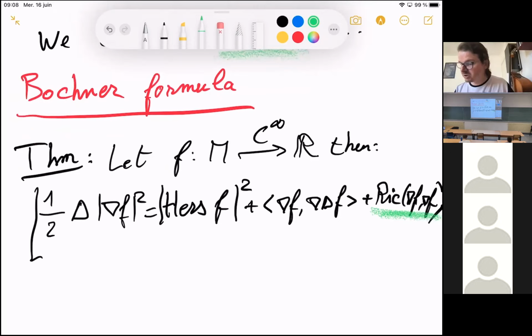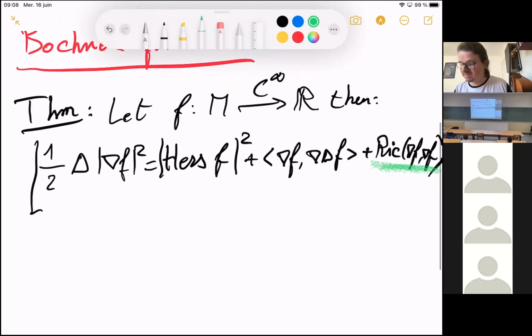This is a more general tool, and also a first step towards defining Ricci curvature bounds on metric spaces, because all this involves is calculus on functions, and calculus on functions on metric spaces can be derived with a lot of work. The Hessian term will be a little problematic, but there is a way to circumvent that, to get rid of this Hessian.